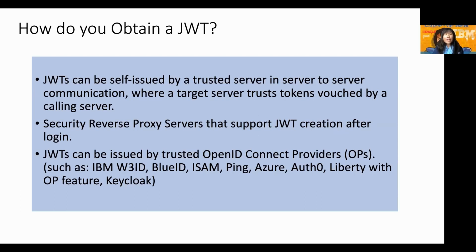This API can be something an app server offers you. OpenLiberty offers you an API to directly create a JWT, and Vert.x also has an API, JWT auth, that gives you the option to create a JWT as well. Alternatively, you can go to the security reverse proxy server that supports JWT, which can create a JWT after user login.